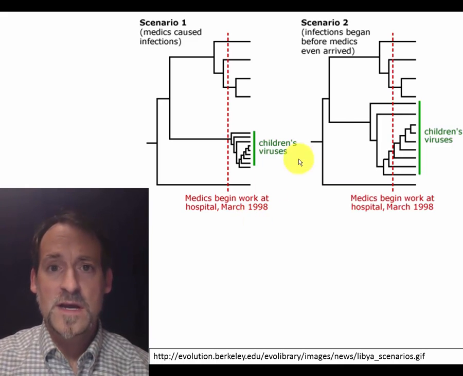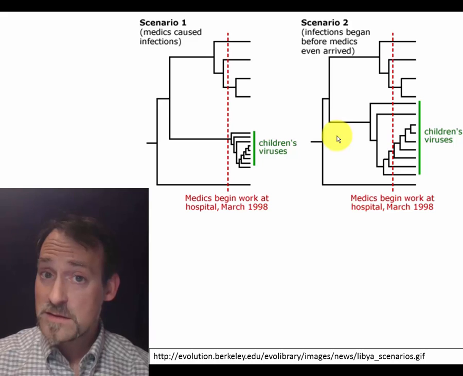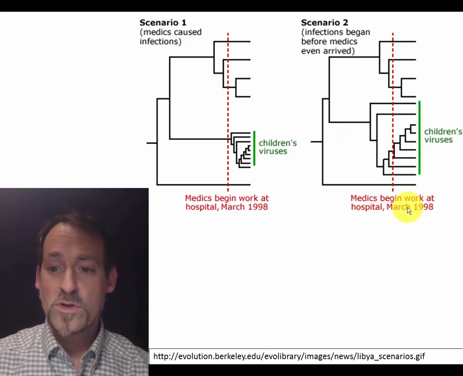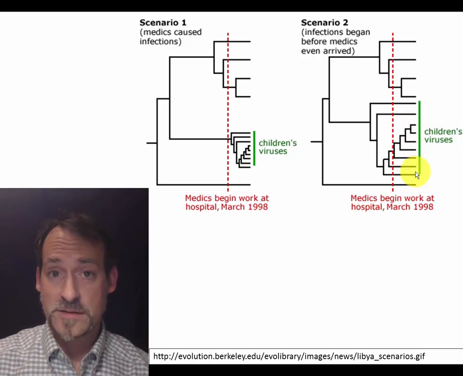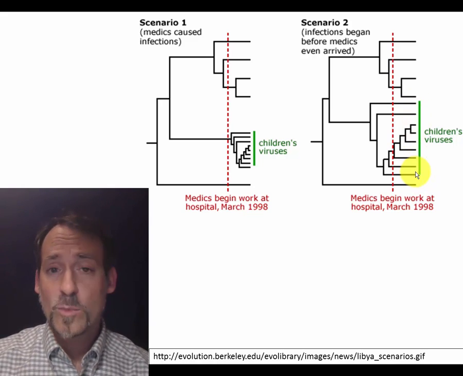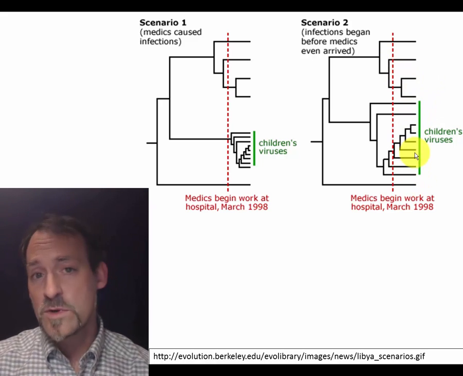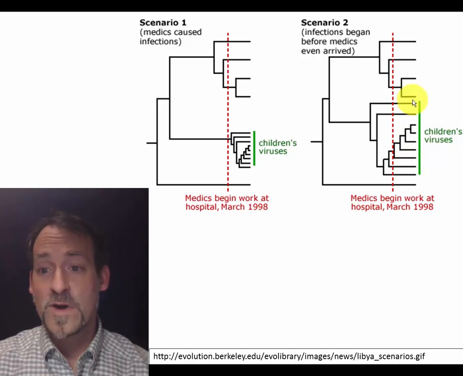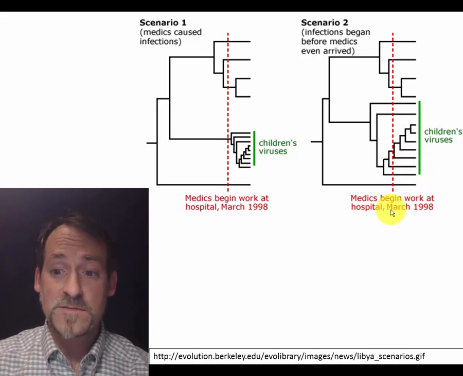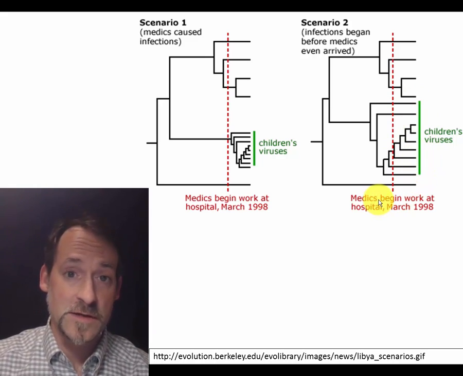On the other hand, if, as they suspected, the infections had started well before the medics arrived, then you'd see a much broader phylogeny. And they could predict basically how broad and how much variation you ought to see within the group of viruses in that hospital if the infections had happened before the medics got there.